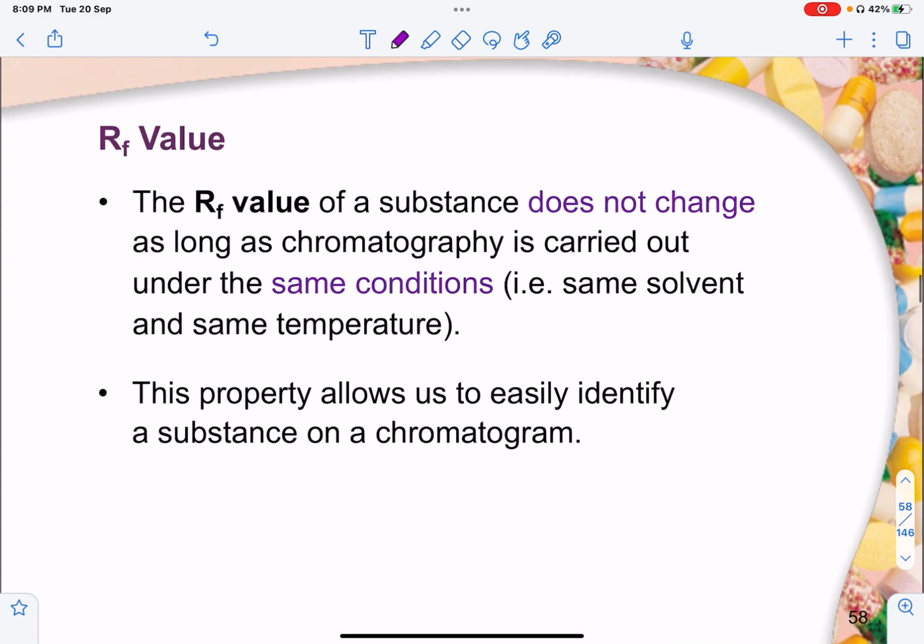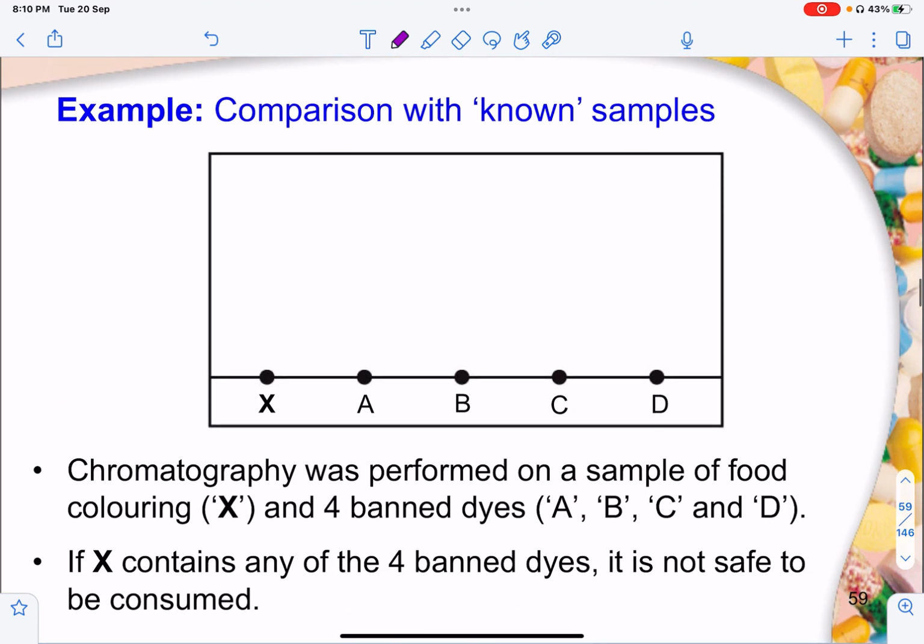The Rf value of a substance will not change as long as the chromatography is carried out under the same conditions, meaning same temperature and same solvent used. Why temperature? Because the particles' movement can be influenced by kinetic energy and therefore may move faster. So this property will also help us identify the substance in a chromatogram.